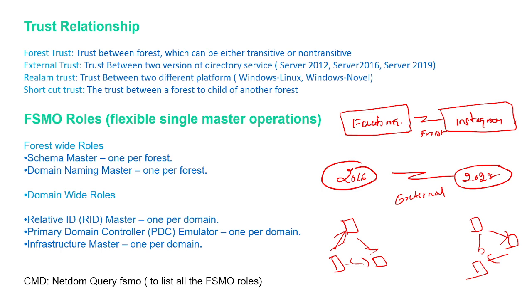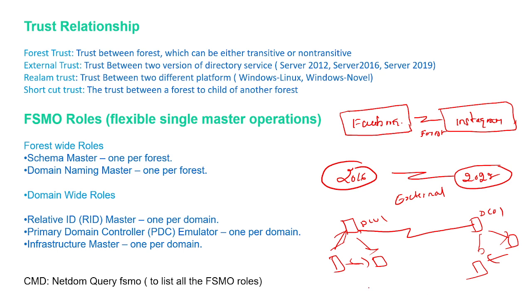But when you say shortcut, not all the domain controllers will be able to communicate. Only one designated domain controller. For example, this DC01 should talk to the DC01 of Hyderabad. So only these two domain controllers should be able to have the trust. That is called shortcut.